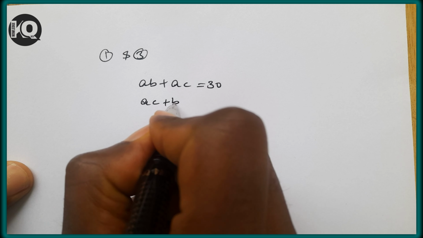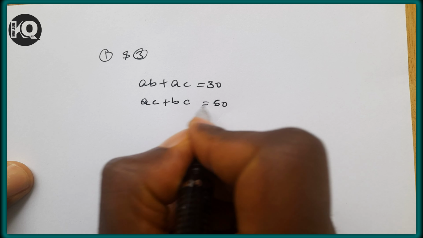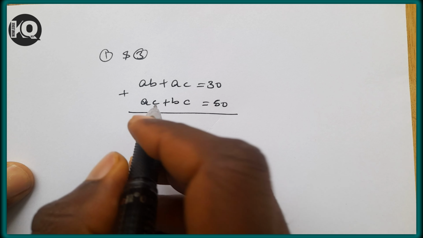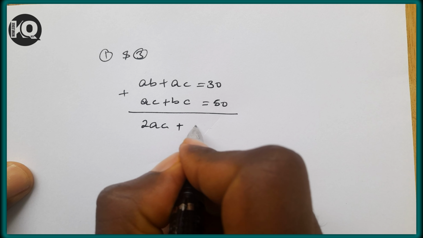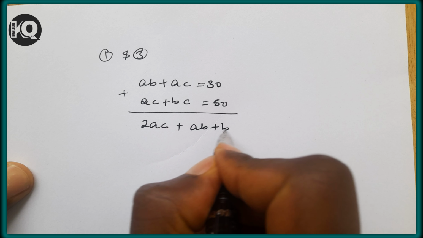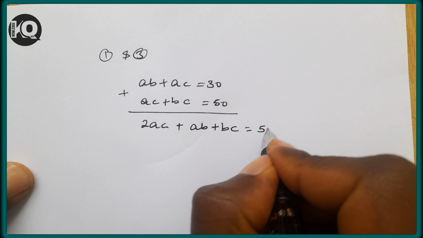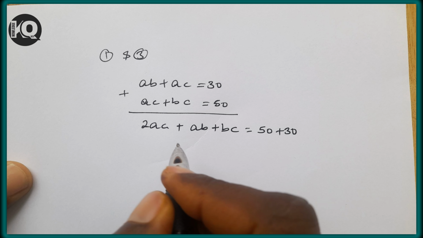Now ac plus bc is equal to 50. Let's sum this one with equation 1, which is ab plus ac equal to 30. It will be 2 times ac plus ab plus bc, which is equal to 50 plus 30.